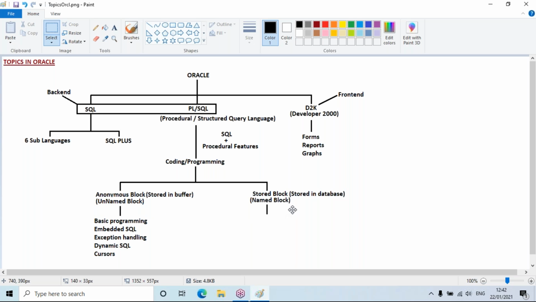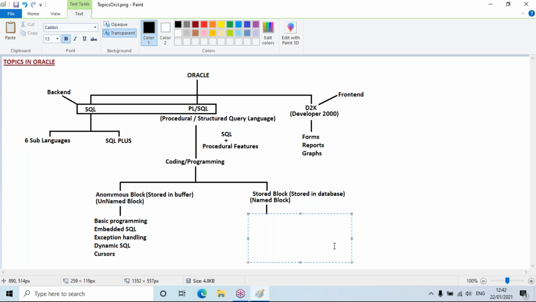Now, second, I'm talking about stored block programming. Under stored block programming, we are going to discuss four topics: stored procedures, stored functions, stored packages, stored triggers.